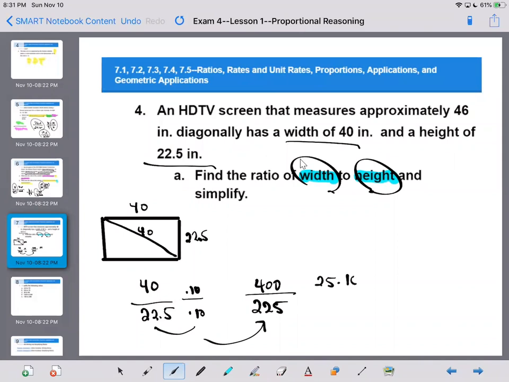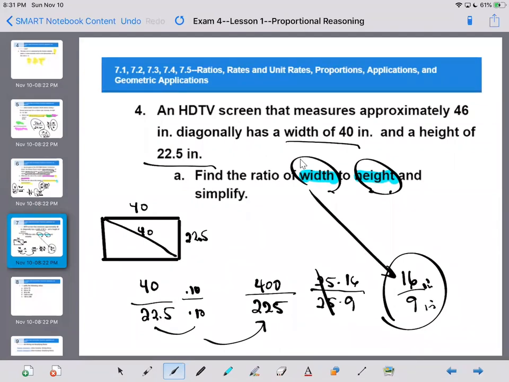That would be 16 quarters. How many quarters are in $2.25? That would be 9. So these would divide out, and you're left with 16 to 9. It would be 16 inches to 9 inches. Width would be 16, and the height would be 9.